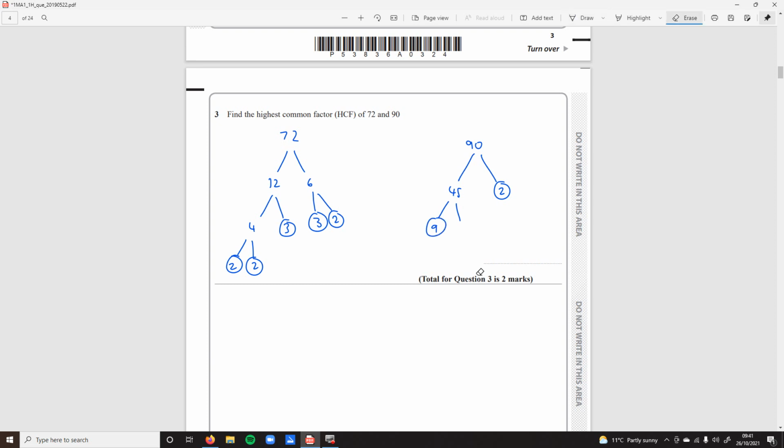What am I doing? And then 9 and 5. 5 is a prime number. 9 breaks into 3 and 3. Okay, so 90 is 2 times 3 times 3 times 5, 72 is 2 times 2 times 2 times 3 times 3.